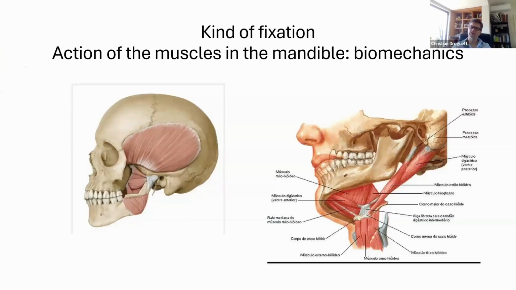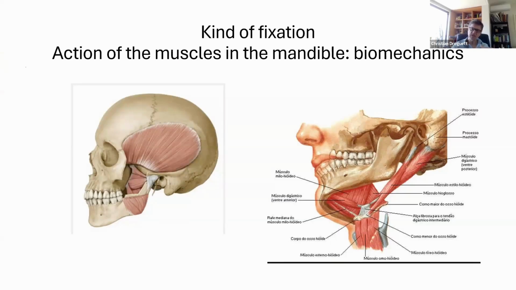About the kind of fixation, the kind of fixation that we'll choose will mainly be determined by the biomechanics of the mandible, that is also determined by the action of the different muscles that participate in the mandibular motion.